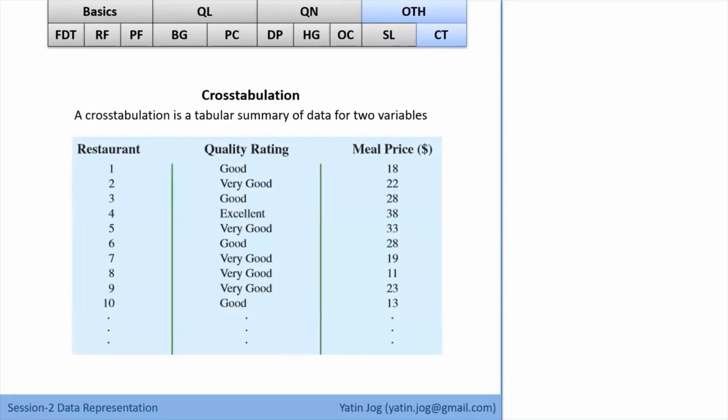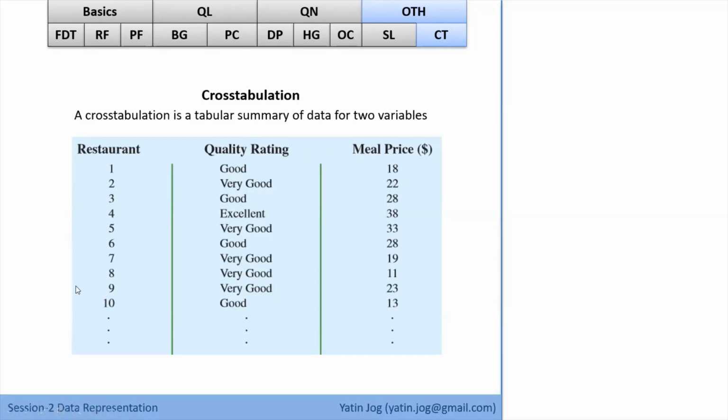So if I have this kind of data, suppose I go to restaurant number 1, and then I'm checking what is the quality rating for that restaurant after having food. Suppose I think that restaurant is good and average meal price is 18. Then I visit second restaurant. After having food, I decide that quality is very good and the average meal price is 22.